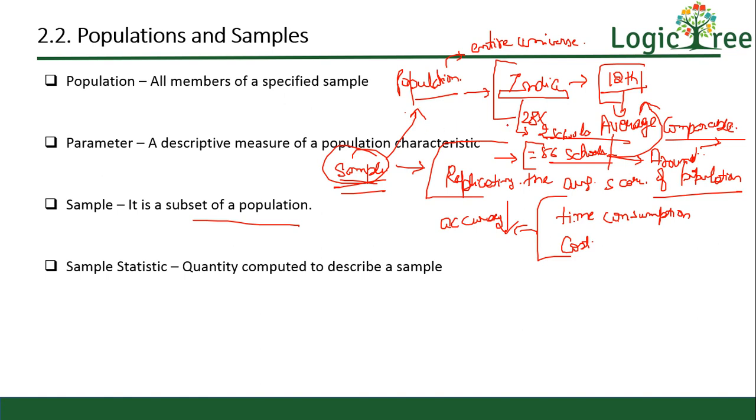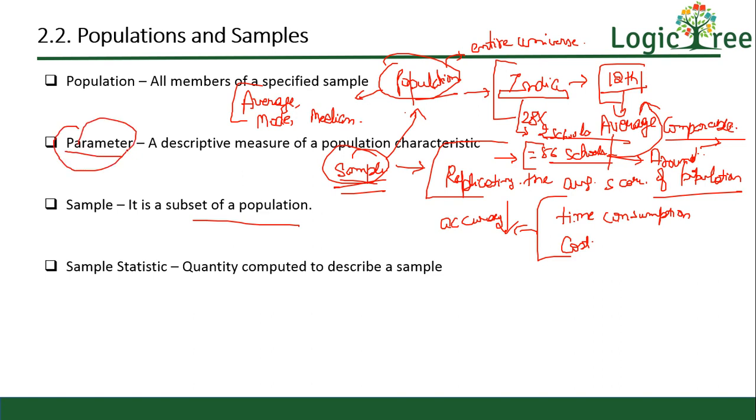So when I am finding any statistic or characteristic of population, like here what we were finding was the average of population, if I find mode or median of population, so if I am dealing with any characteristic of population, it is known as parameter.